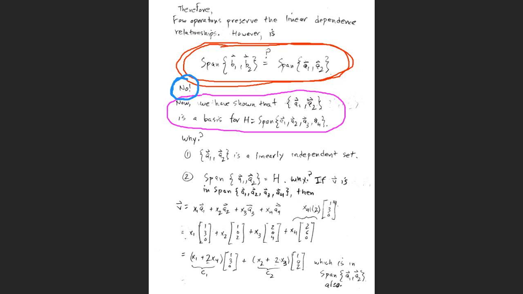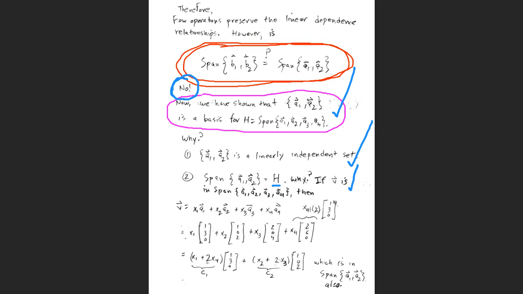But we have shown that the vectors a1 and a2 form a basis, because that set of vectors meets the qualifications. Now, the span of the vectors a1 and a2 is actually equal to space h. Space h, remember, was all linear combinations of a1, a2, and a3, right? That's what space h was here.